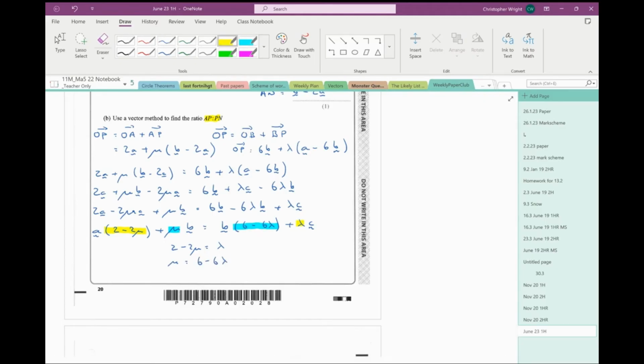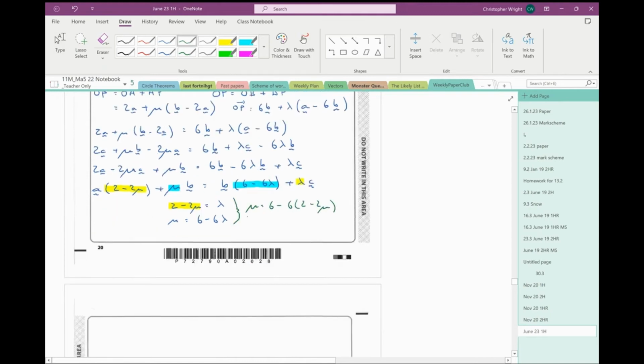Okay, I'm going to take this expression for lambda, substitute it into the second equation, which is going to give me, beg your pardon, mu equals 6 minus 6 times (2 minus 2 mu). Okay, multiply out that bracket and we can solve this equation to find mu.